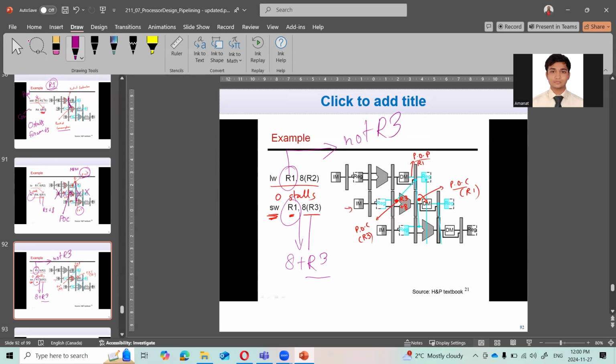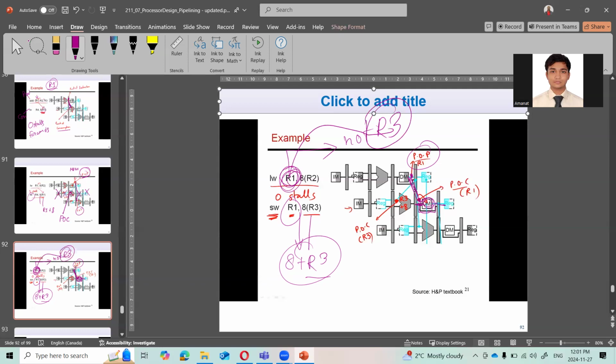Wait, point of consumption is here. After we do this calculation, right, we need to know where to put it inside the memory. We need it here. Okay, so that is after the point of production, which is here. So we can directly pass it, and we don't need any stalls here. But if this was R3, then we needed a stall.